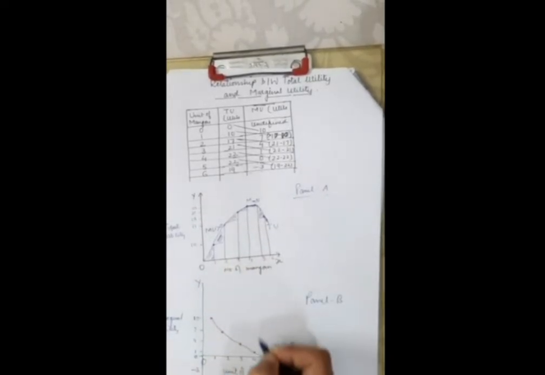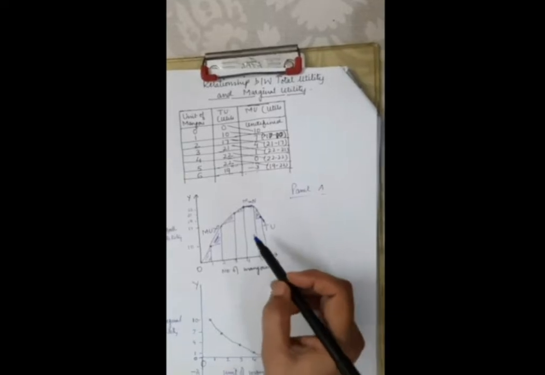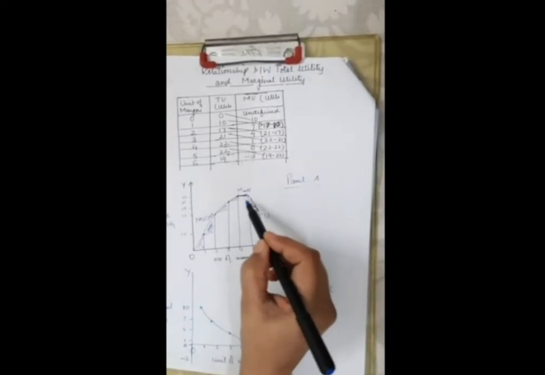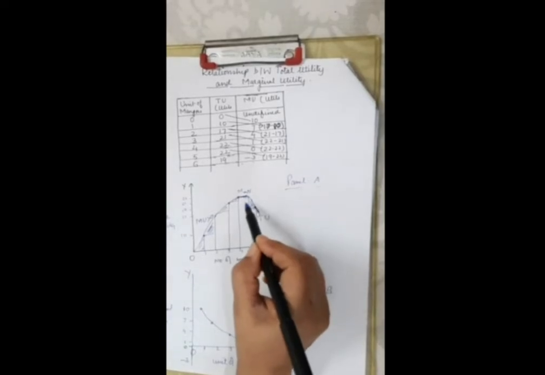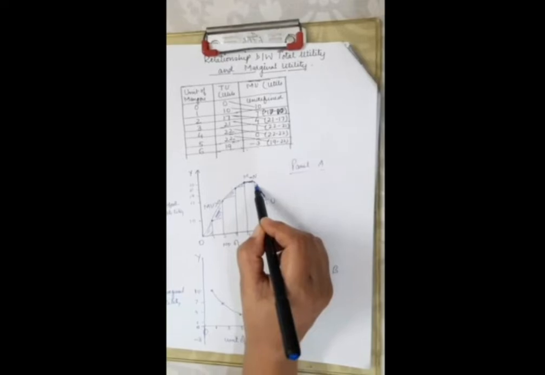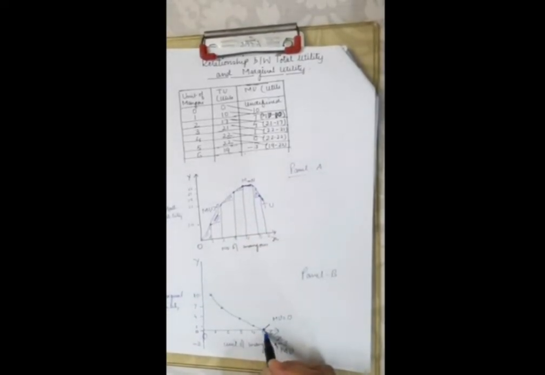This is the relationship: when total is maximum, marginal is 0. When the total utility curve reaches its maximum, its slope is 0. This is parallel, this is constant, that means its slope is 0 between M and N. This is another way of saying that marginal utility is 0.